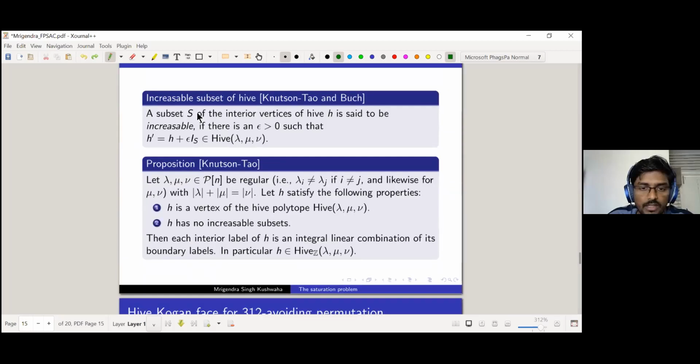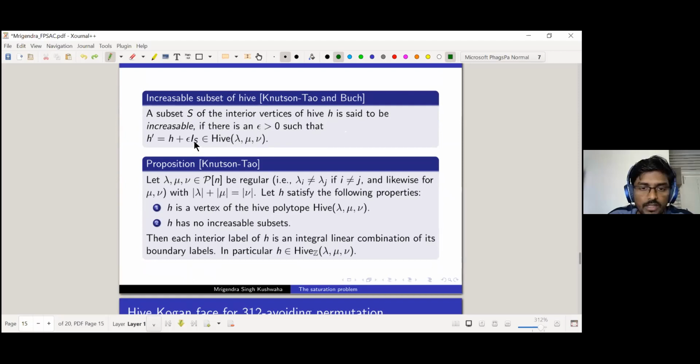So what is called an increasable subset? An increasable subset of a Hive H. If there is a Hive, its boundaries are fixed by lambda, mu, and nu. Take S to be a set of interior vertices of the Hive, and suppose we increase every vertex in S by some positive number.